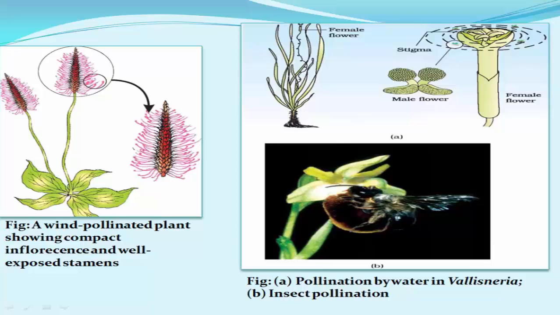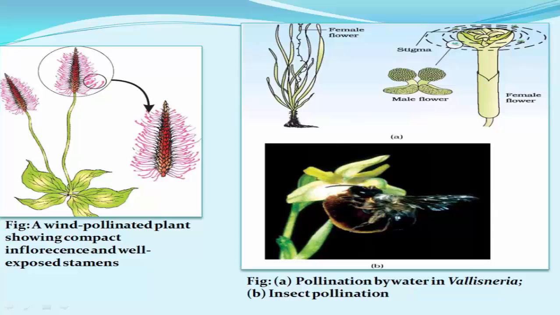Then the second one. Here in this diagram you can see pollination by water. Pollination by water is called hydrophily, and the flowers are called hydrophilous flowers. And remember, this is observed in only 30% of the genera, and here the male gametes are carried by the water current.